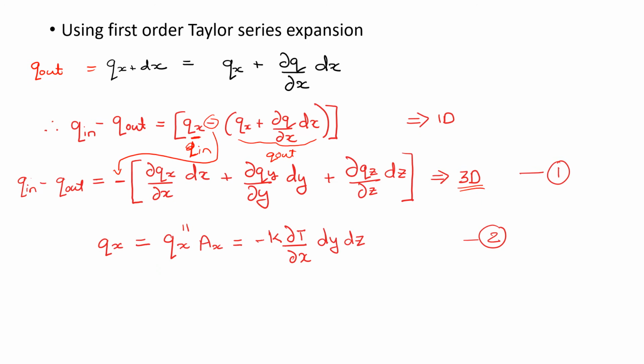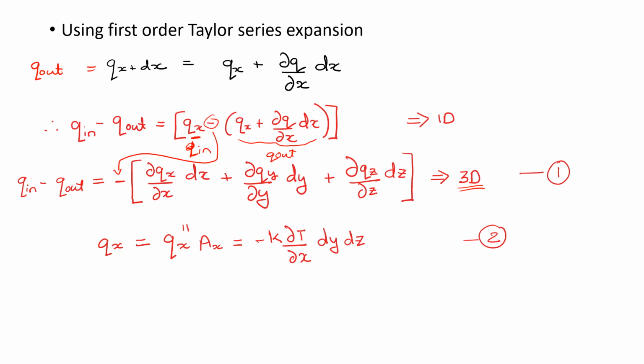Now we know that Qx, that's the heat flow rate, can be written as the heat flux times the area. And obviously the area will be the area perpendicular to the direction of heat flow.